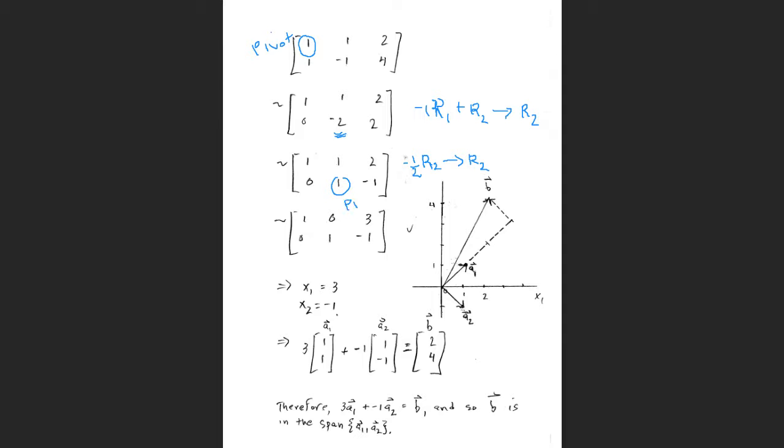Now we're going to use 1 as a pivot to produce a 0 where this 1 is above it. So here we took -1 times the second row, added it to the first row, and put the result in the first row.